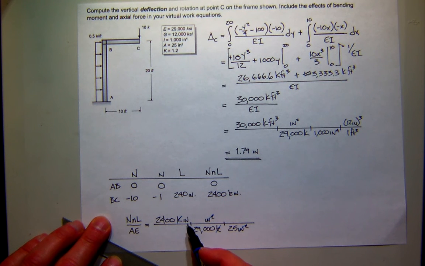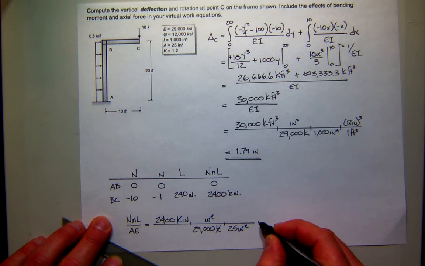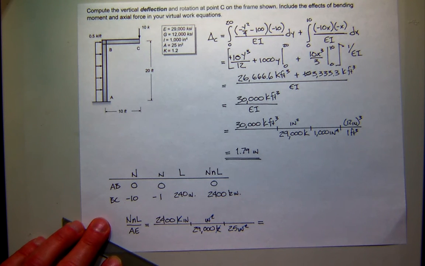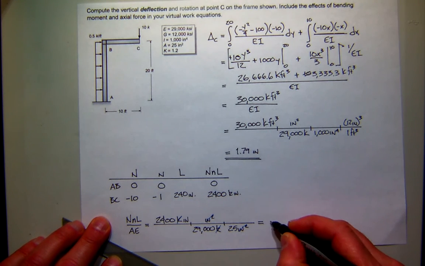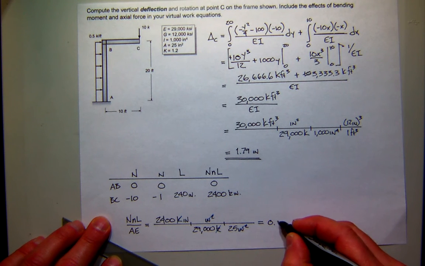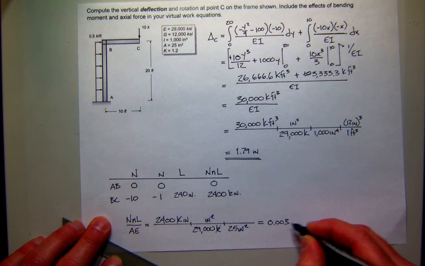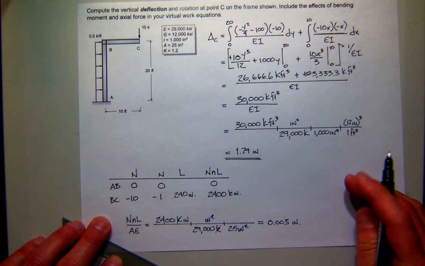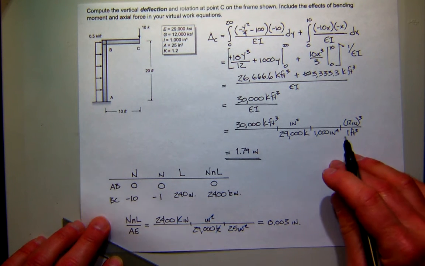I'm left with units of just inch. So what's that? This is going to be pretty small. 2,400 divided by 29,000 divided by 25. I believe it's going to be tinier. 0.003. Anybody else get that? Yeah, I got that. So we would then add that.